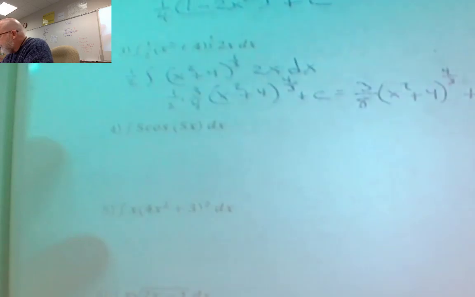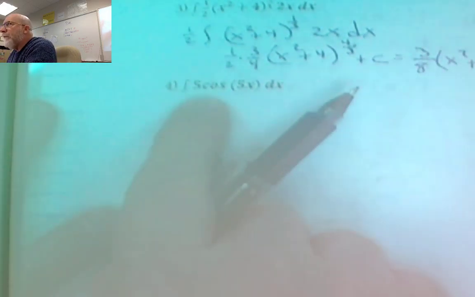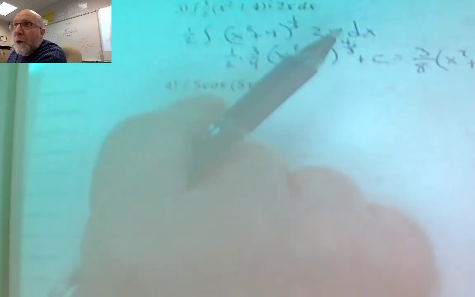Now, this is not a polynomial. It's a trig function. It has no exponents. It has parentheses. The derivative of 5x is 5. What's the antiderivative of cosine?